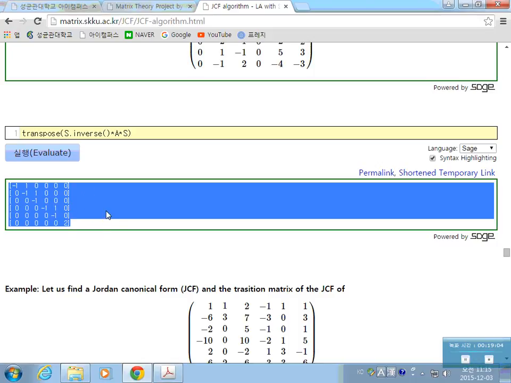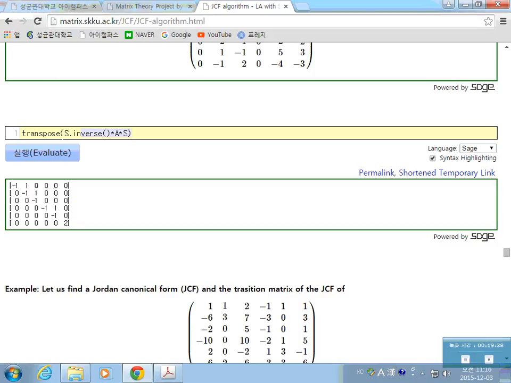Same, isn't it? So I have shown you 2 methods. First one, we found the R_i's and S_i's, and with that dot diagram, you have a Jordan canonical form J. Then you checked whether that was the right Jordan canonical form or not, and in that process, you were able to see the transition matrix P. Second part, you found the generalized eigenvectors, so you form a transition matrix, and you call it S. Here you did check whether S inverse AS is equal to the Jordan canonical form or not.